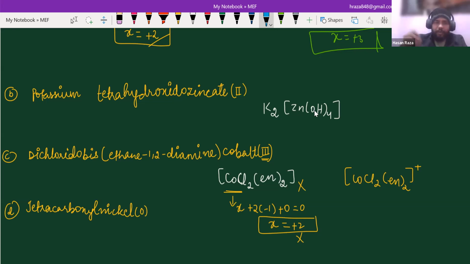So this will be x plus 2 into minus 1 plus 0 equal to plus 1 here. Now it becomes x minus 2 is equal to plus 1. Now x becomes plus 3. So this is the correct formula.